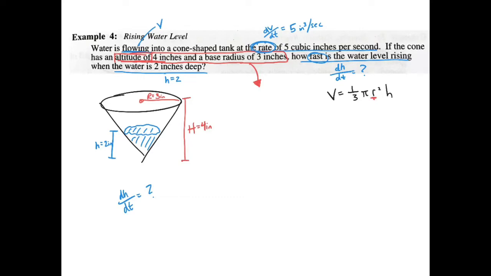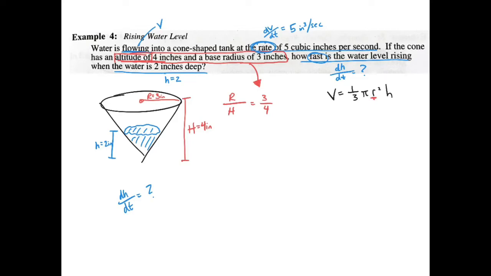So because I don't know much about r or dr/dt, I'm going to use a ratio, this big R and big H has a ratio of 3 to 4. So I'm going to use that 3/4, the base radius and the altitude, to rewrite R in terms of H.